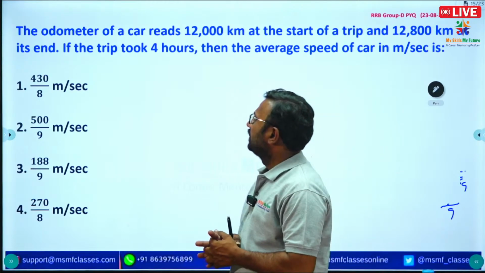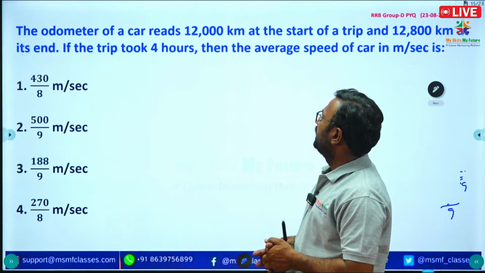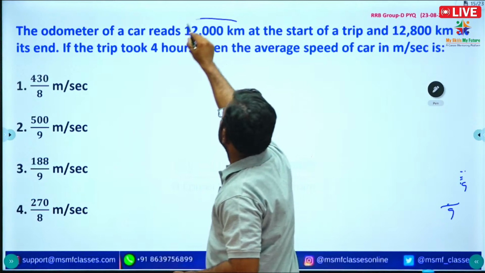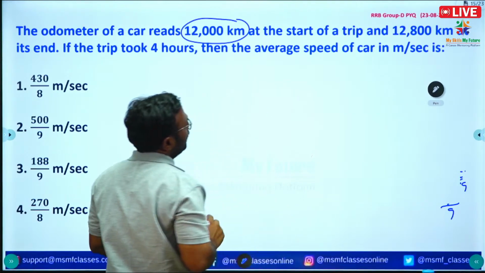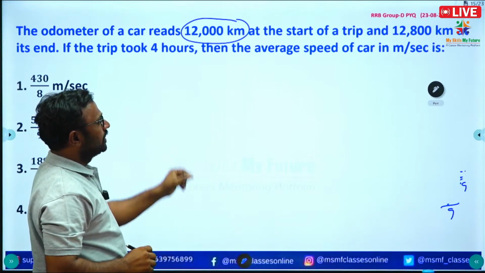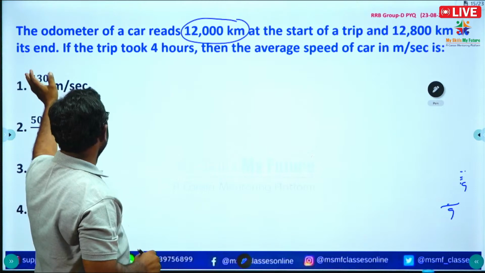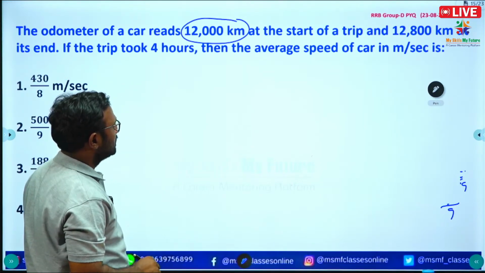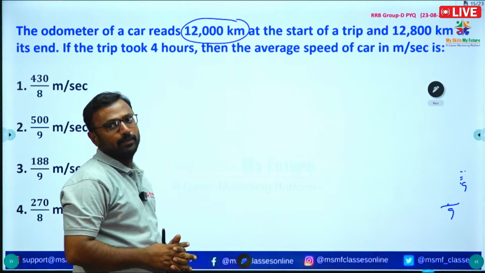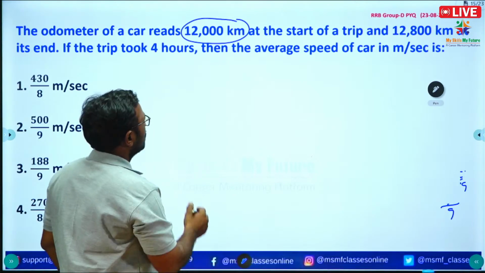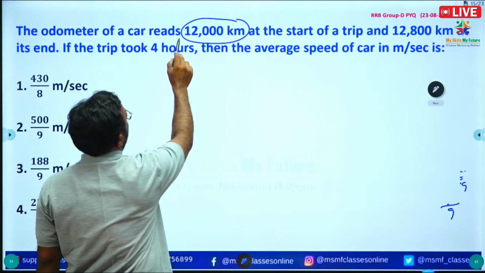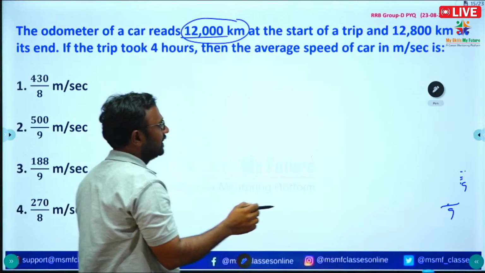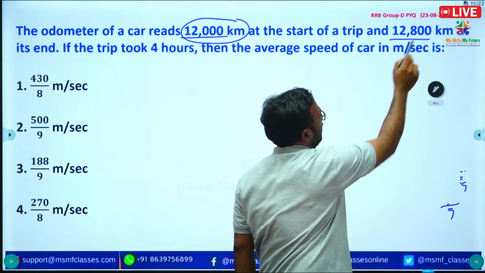Right. See the question. The odometer of a car reads 12,000 kilometers at the start of a trip and 12,800 kilometers at its end. If the trip took 4 hours, then what is the average speed of the car in meters per second? At the start the reading is 12,000, at the end it is 12,800.